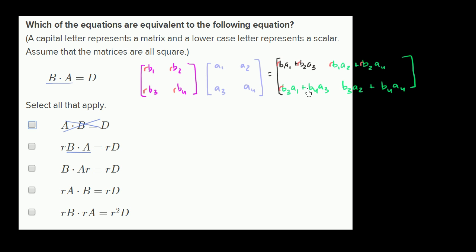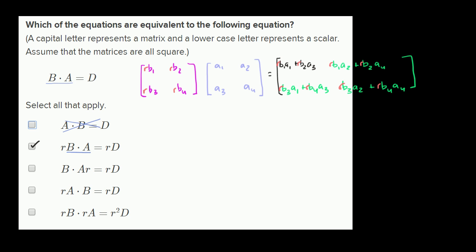Now, this is clearly going to be the same thing as R times our matrix D. Our matrix D was what it looked like without the R's in it. If you multiply it times an R, you're going to get this thing right over here. So hopefully this makes you feel pretty good that this statement right over here is true.